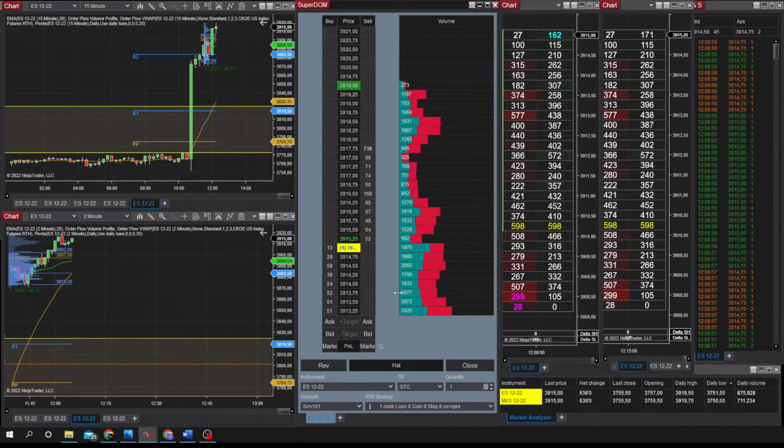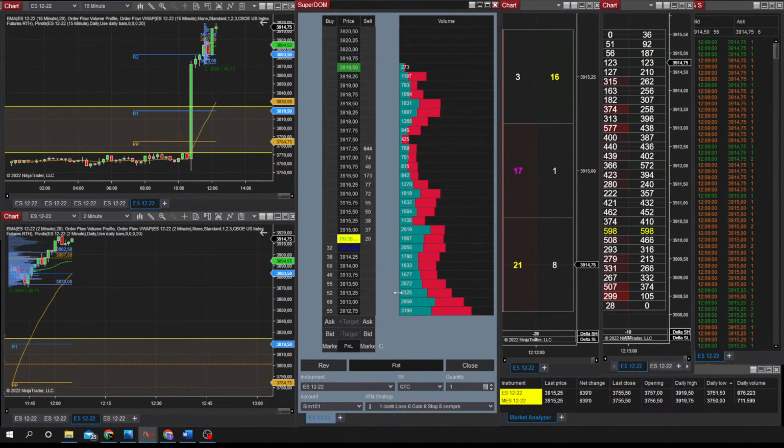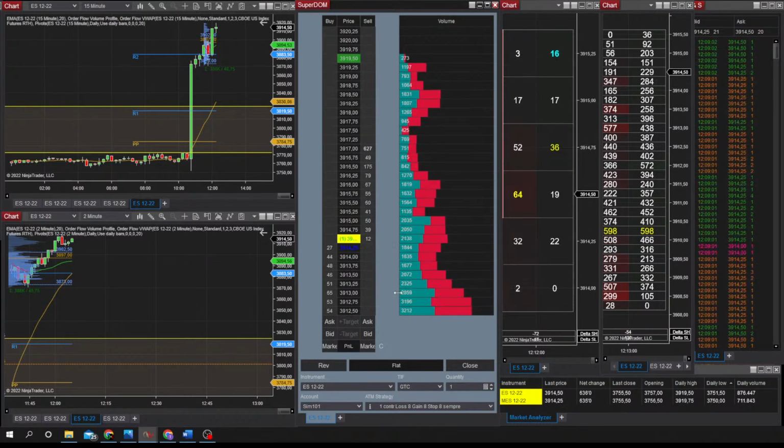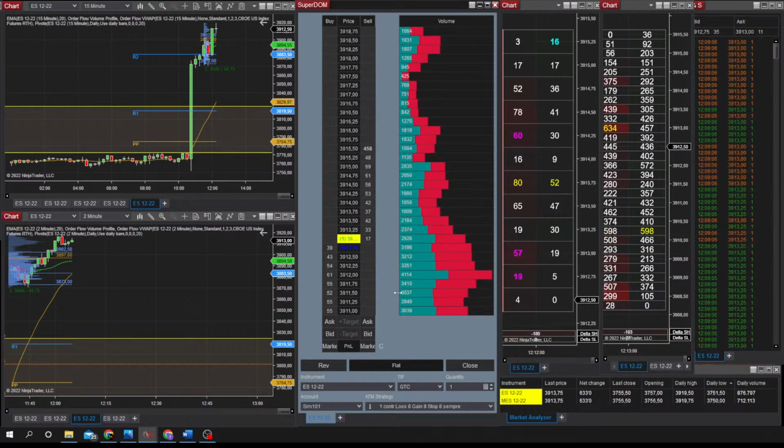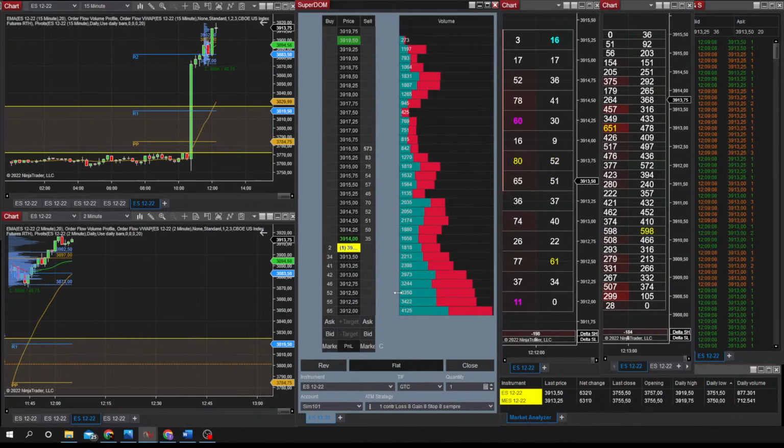But it overcame the 14, so it could have room to try to go at least to 18. Yeah, it's hard to overcome there.